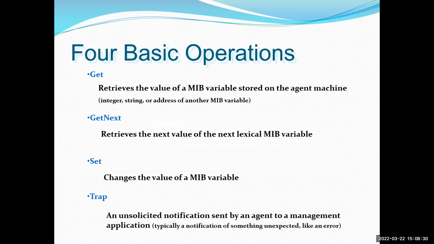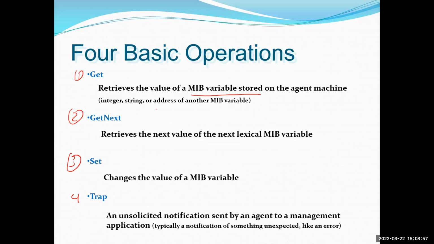Now, these are important. What are the four basic operations for SNMP? We've got these basic ones: one, two, three, four. First, the get request, which is the idea that you're going to query the machine. It retrieves the value of a MIB variable stored on the agent machine.